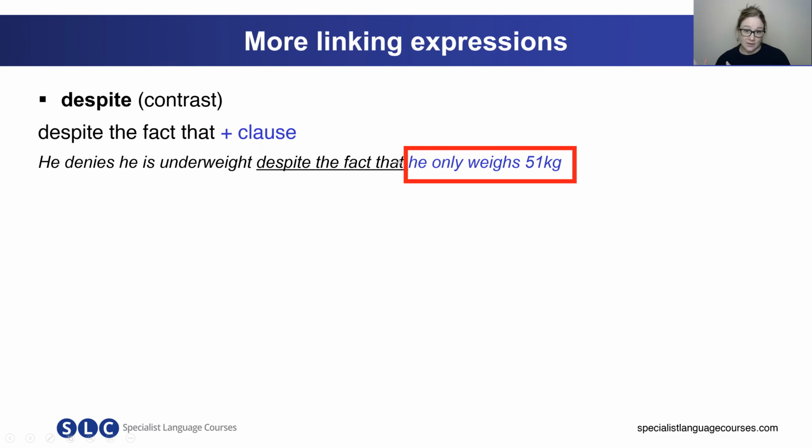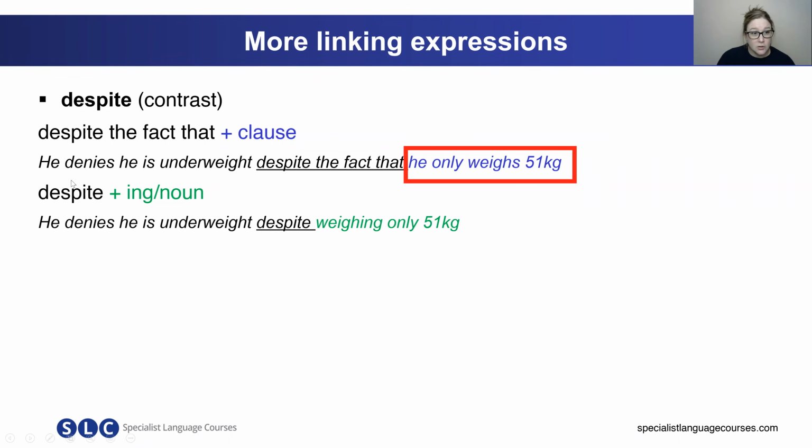Yeah, he only weighs 51 kilograms. So this phrase, he denies he is underweight despite the fact that he only weighs 51 kilograms. Or we can use despite followed by the ing or noun form. So he denies he is underweight despite weighing only 51 kilograms.